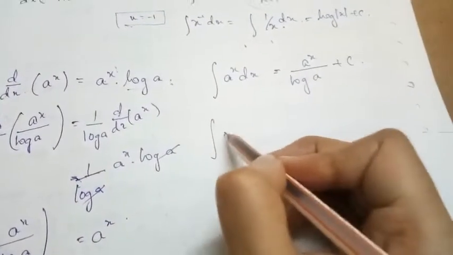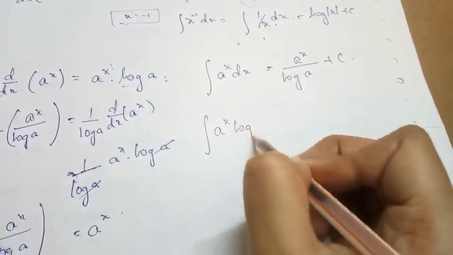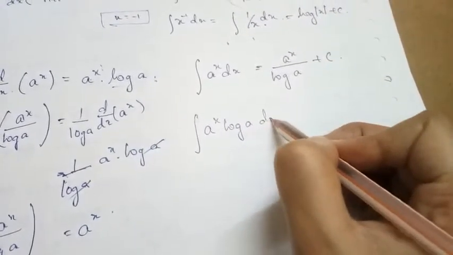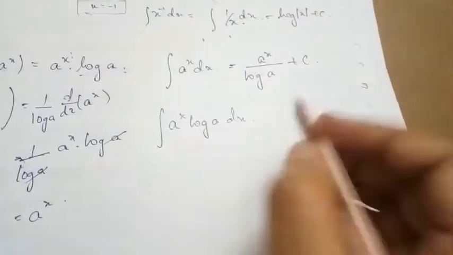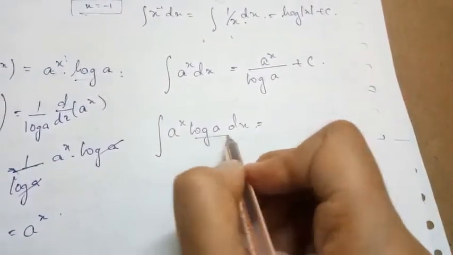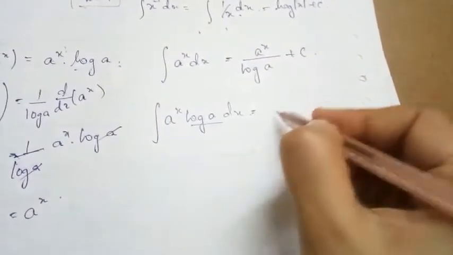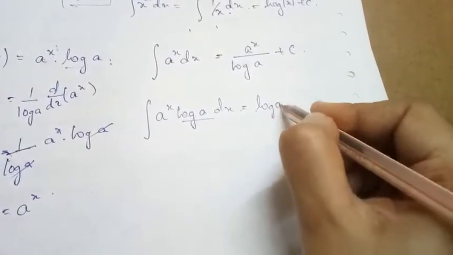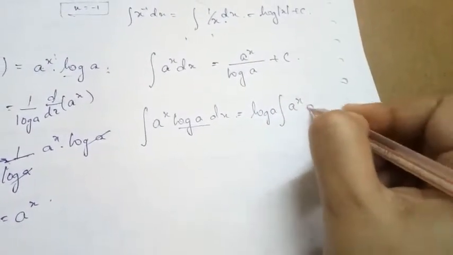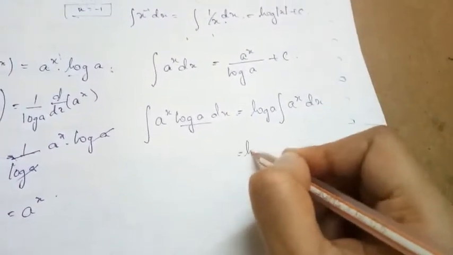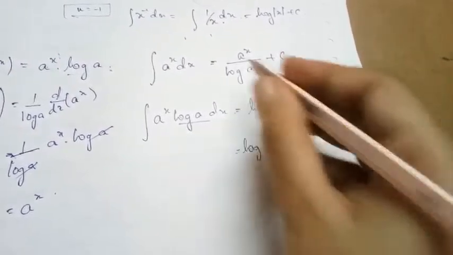Suppose I need the integral of a power x log a dx. Clearly log a is a constant, so we take log a times the integral of a power x dx. What is the integral of a power x?